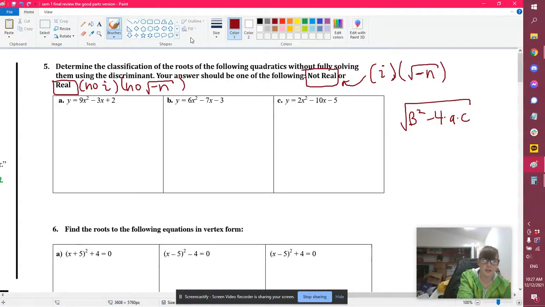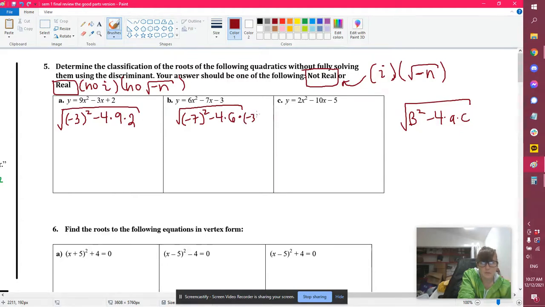We just need to say, for this problem, b squared minus 4ac. 4ac would look like this with our specific numbers. And again, I don't really want a b here. I want a 3. For this equation, we would get negative 7 squared minus 4 times a times c.